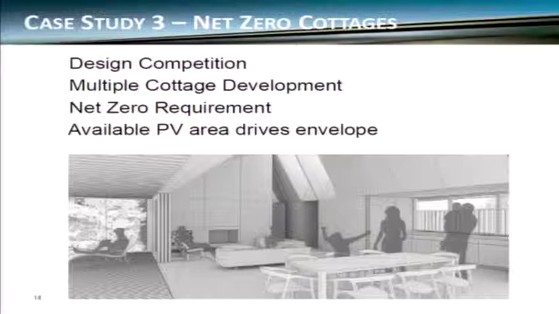And so what drives the envelope of this building, the building envelope ends up being the allowable PV area that's needed to achieve net zero. So a very different objective than just meeting code or percent better than a certain code. So I'm going to spend hopefully very, very few seconds here, just transitioning to the demo.